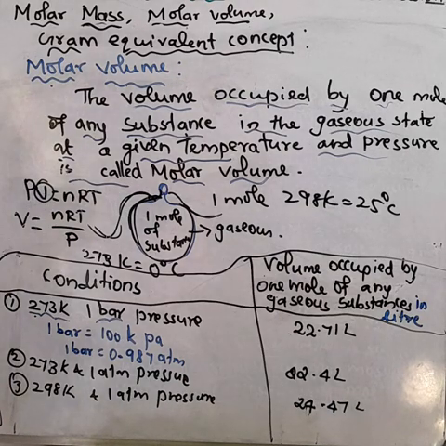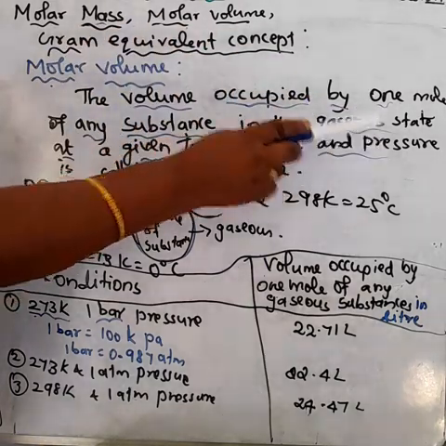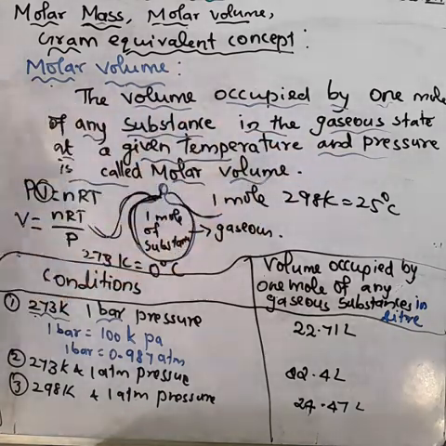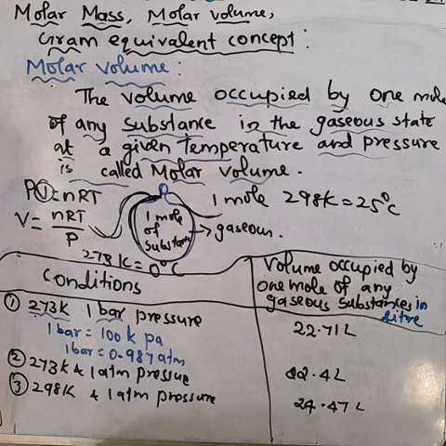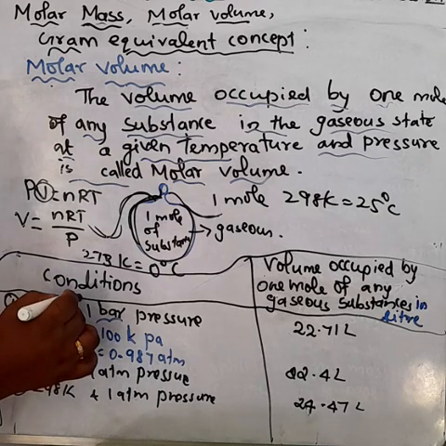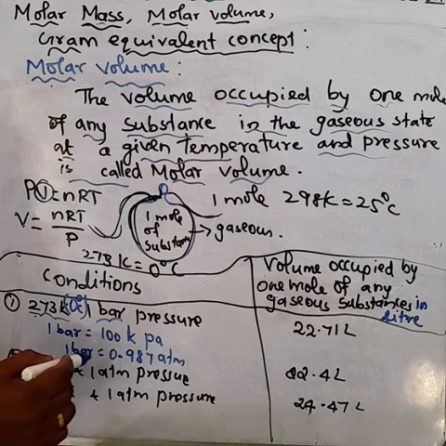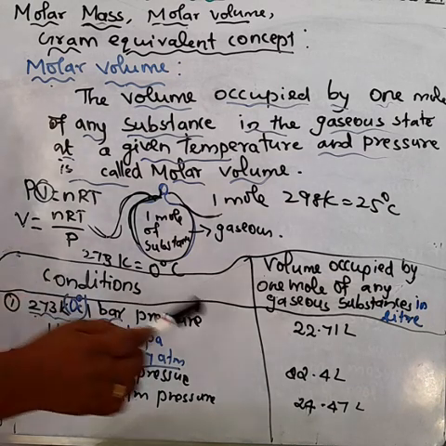So what do you mean by molar volume? The volume occupied by 1 mole of any substance in the gaseous state at a given temperature and pressure is called molar volume. Here 3 conditions are given. First condition: at 273 Kelvin, that is 0 degree Celsius, and 1 bar pressure, that is 0.987 atmospheric pressure, the molar volume of gas is 22.71 liter.